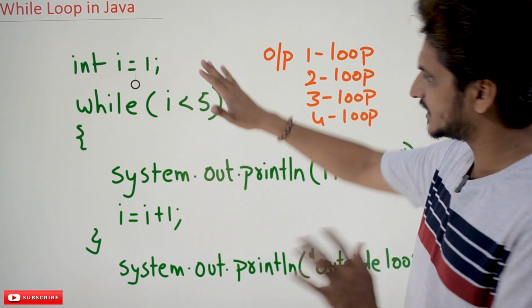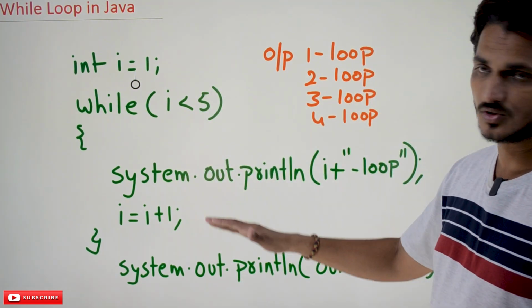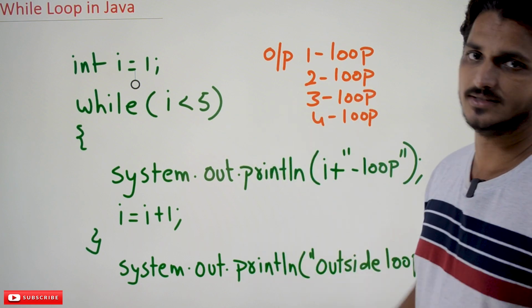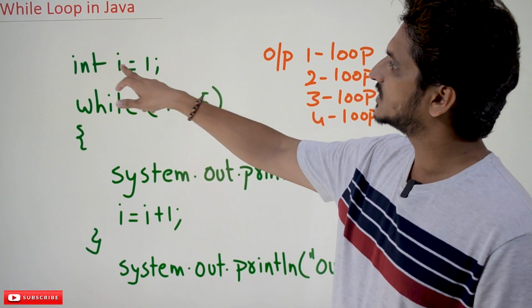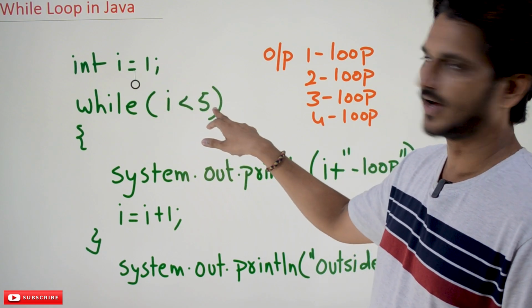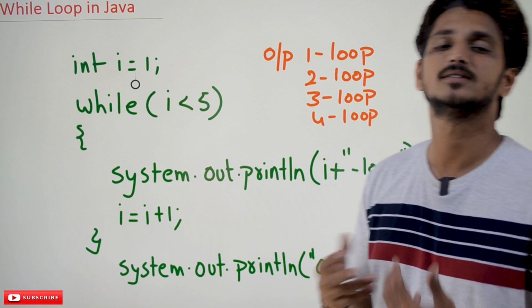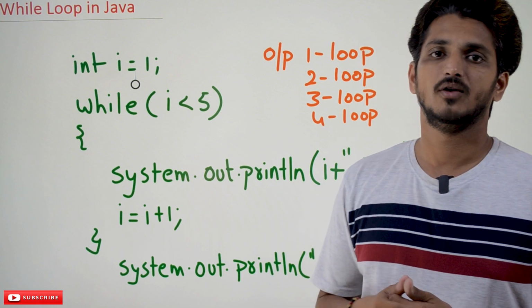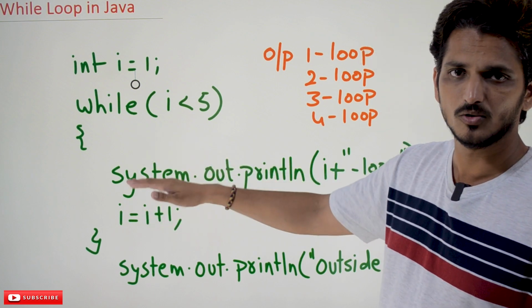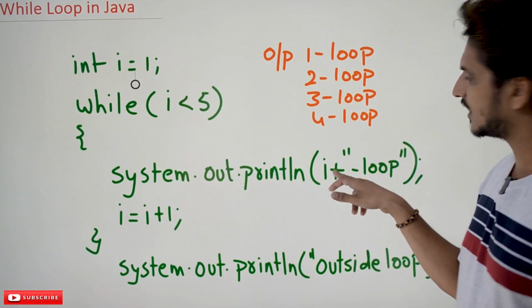Let's understand step by step how it is going to be executed, and then we'll check the output. Initially i is equal to 1. While i less than 5 means 1 less than 5, yes, the condition is true. Whenever the condition is true, execute the body of the loop. System.out.println displays i.